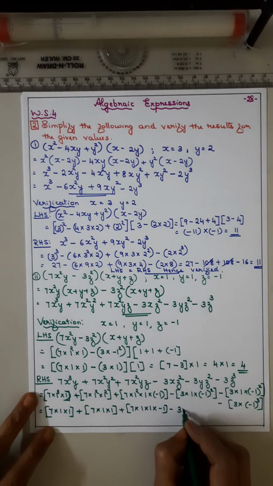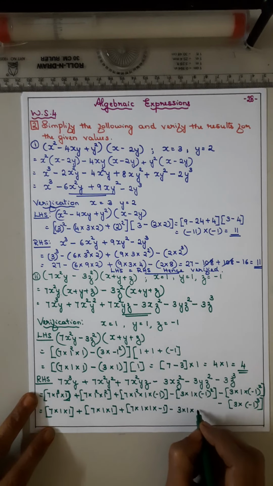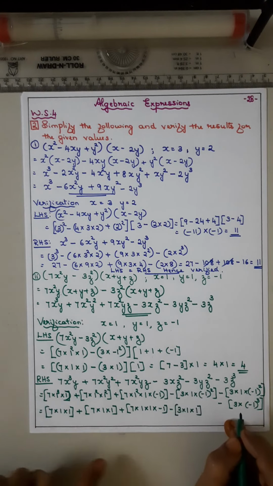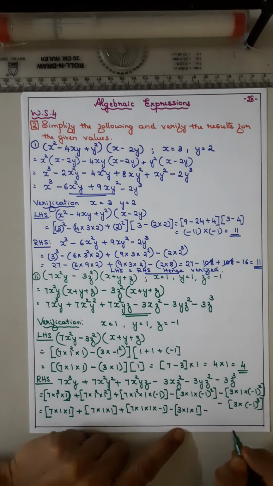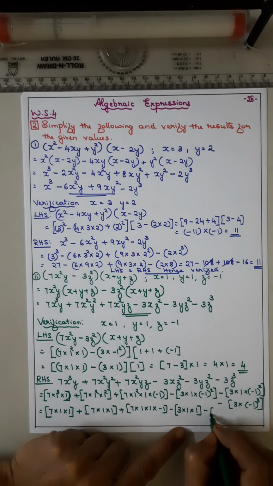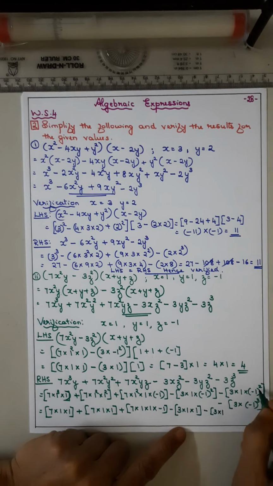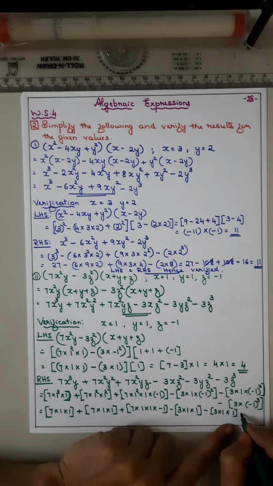Now 3 into 1 into minus 1 becomes plus 1, isn't it? Minus, now here it will be 3 into 1 into again 1. Now here minus 3 into minus 1 cubed will become minus 1.